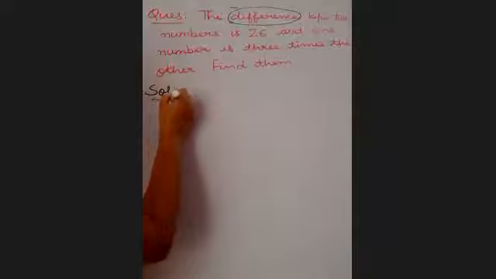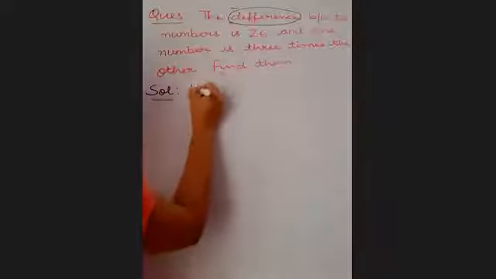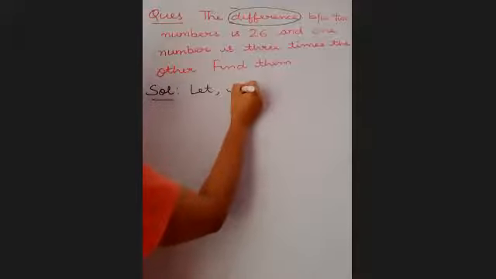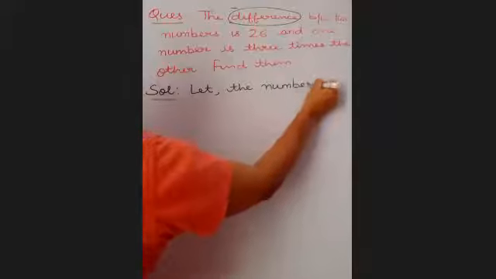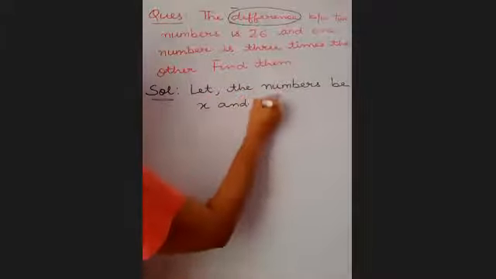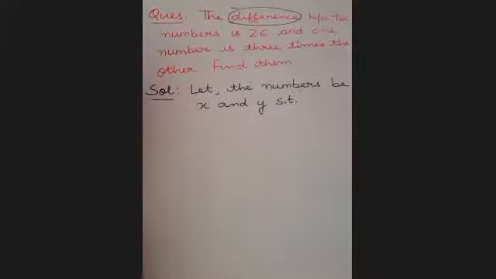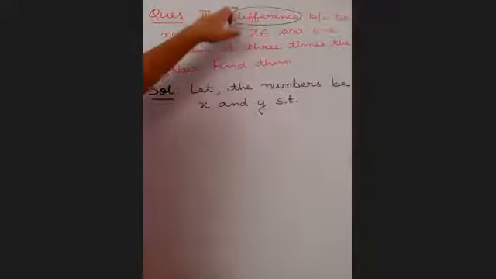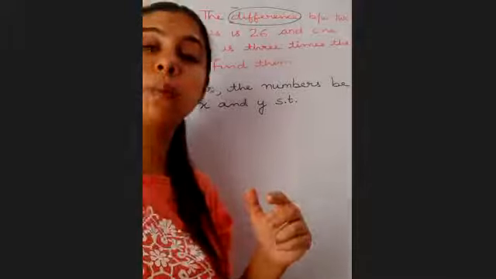Step one, any word problem, look at the last statement. Whatever is unknown, just assign variable. Let the numbers be X and Y such that, whenever we are talking of difference of numbers, that means one number is going to be greater than the other.